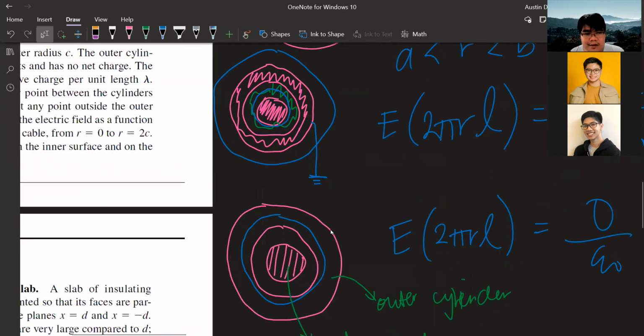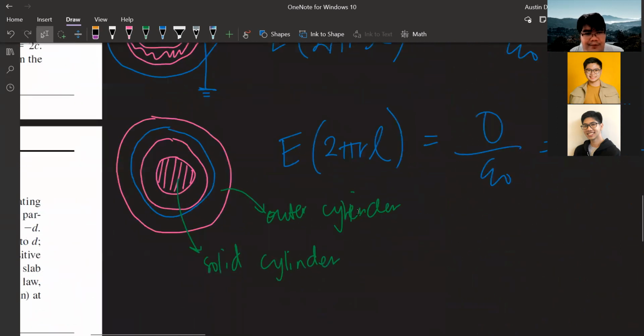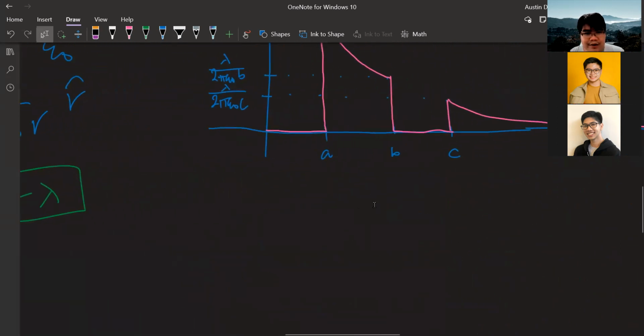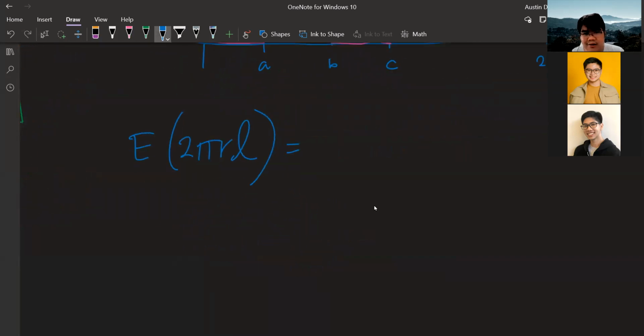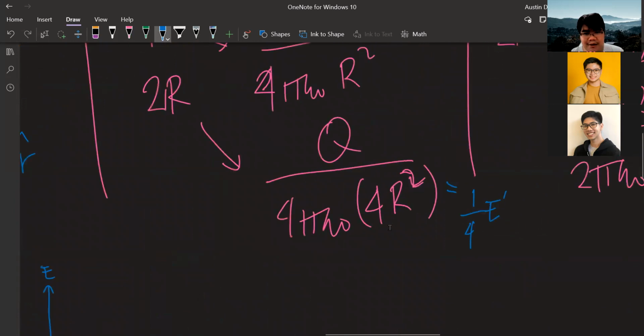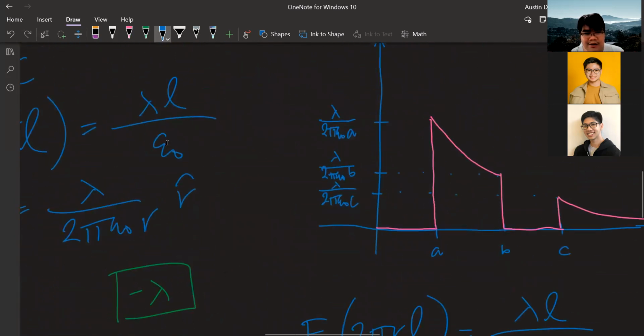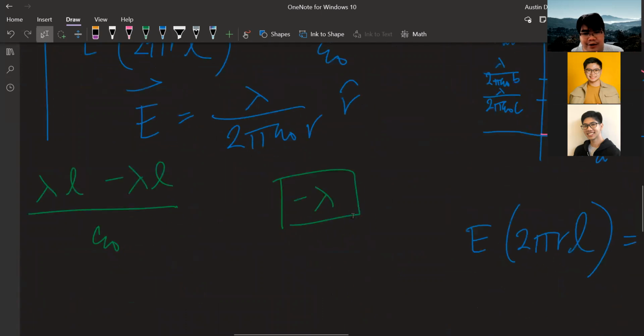Then, on the outer surface, we do the same. On the outer surface, we use Gauss's law again. E 2 pi r L. Then, what would be the charges that I will be seeing? What will I see enclosed? Still, that would be lambda L over epsilon naught, as before. Nothing new for now. Lambda L over epsilon naught. That was earlier, r greater than C. We're outside.